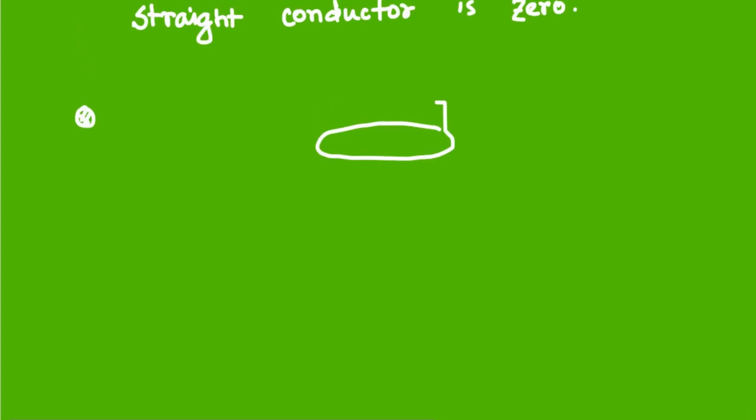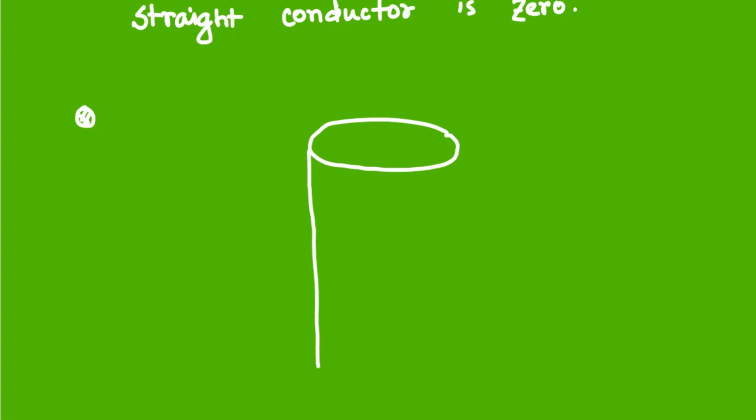Additional information: we can draw the graphical variation of magnetic field induction with the distance from the axis of the conductor. This is the cylindrical straight conductor.